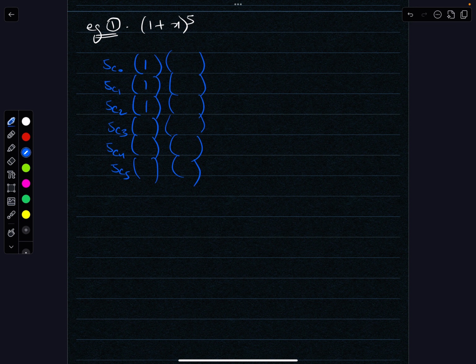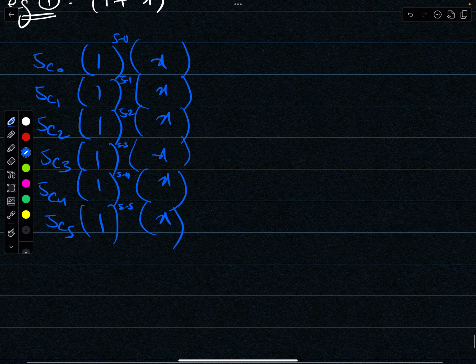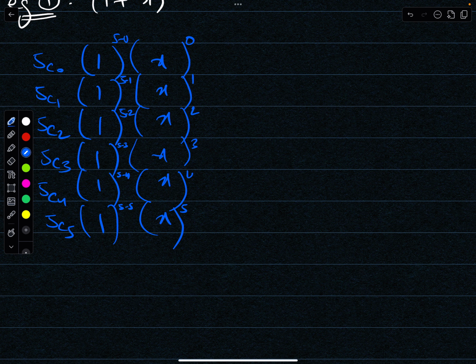Write ones here, and then write x's here, and then 5 minus 0, 5 minus 1, 5 minus 2, 5 minus 3, 5 minus 4, 5 minus 5, and here I'll have 0, 1, 2, 3, 4, 5.